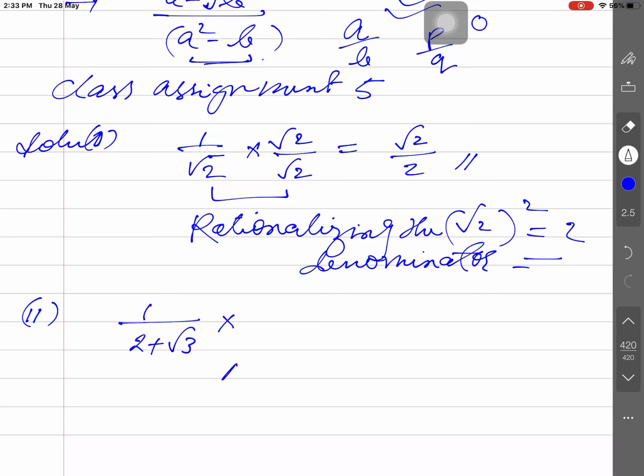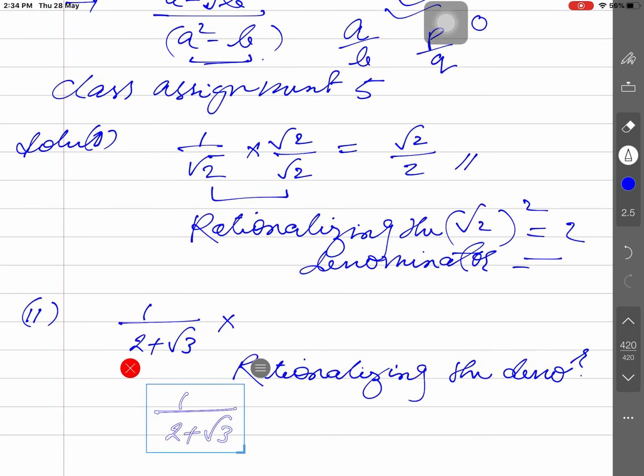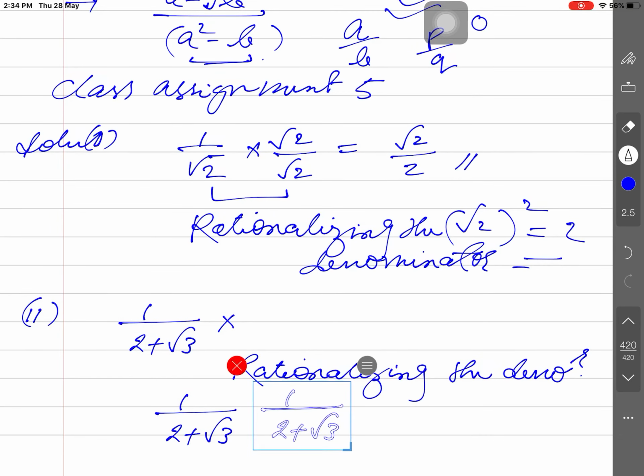What do you do in the rationalization of the denominator? The same concept here. We multiply by changing the sign. Here it's plus, so we multiply 2 minus root 3 to the numerator and denominator.